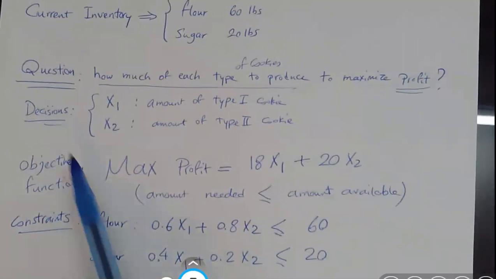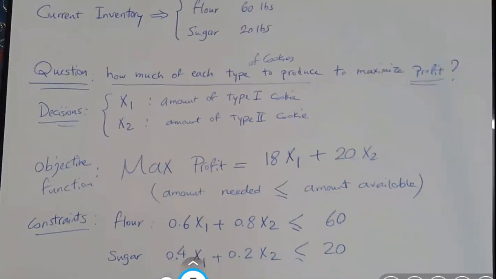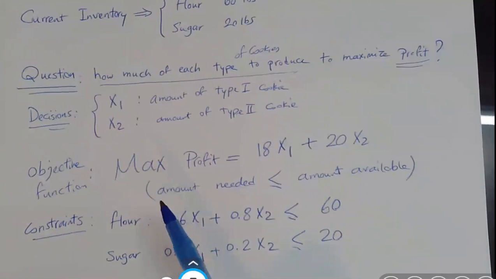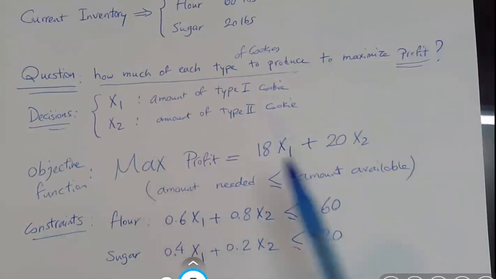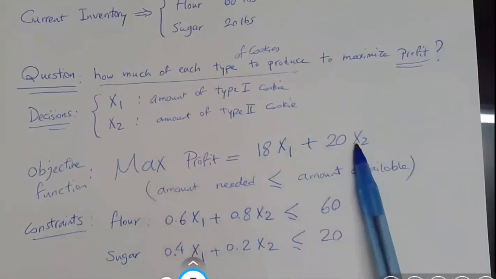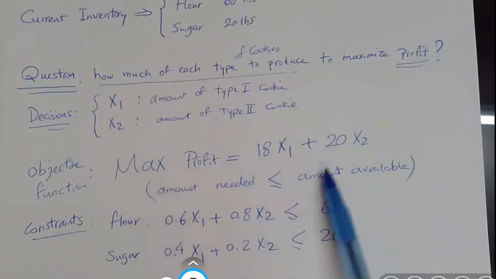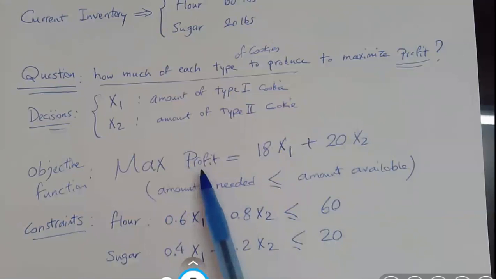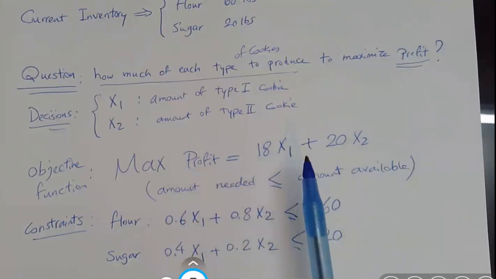So now I have defined my decision variables, and I have defined my objective function, the total profit, based on my decision variables. I can change these values and get the dollar profit of my decisions, right?